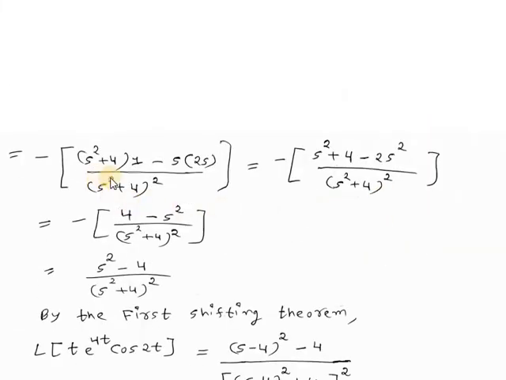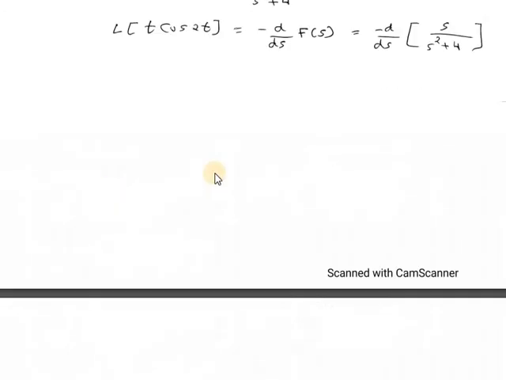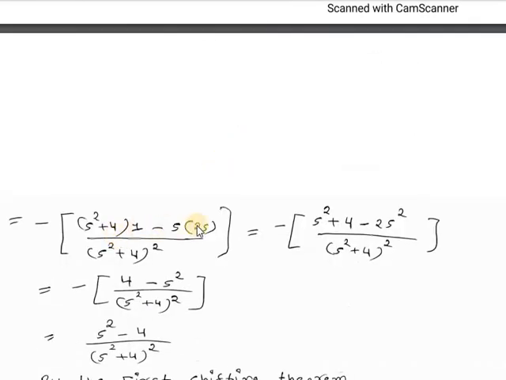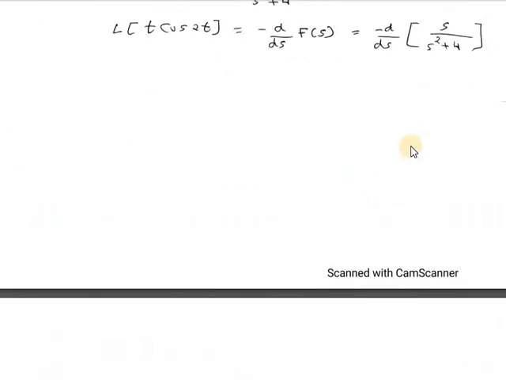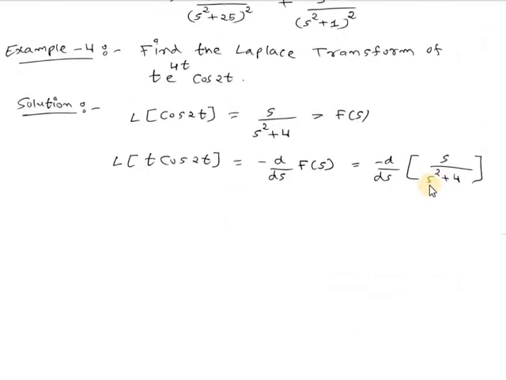So it will be denominator whole square, s square plus 4 whole square, denominator constant, and derivative of numerator. So derivative of s with respect to s will be 1, minus numerator constant, so s constant, and the derivative of denominator, that is derivative of s square with respect to s, will be 2s.